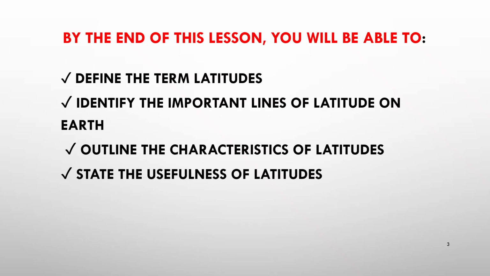Identify the important lines of latitudes on Earth. That is, you know the key latitudes and their locations, such as the equator, the tropics, and the polar circles. 3. Outline the characteristics of latitudes, so that you will understand the properties and features that define how latitudes work.